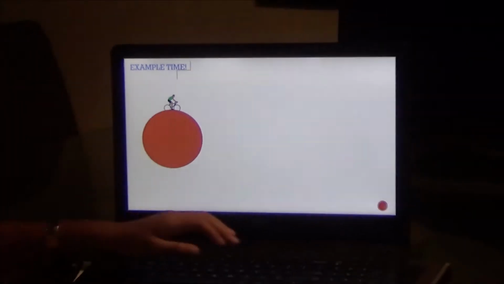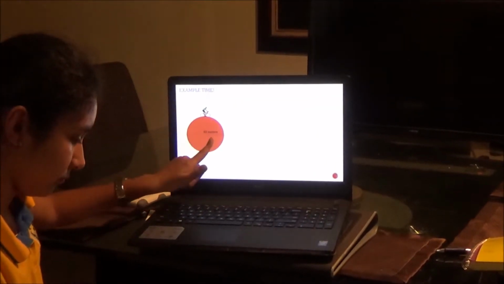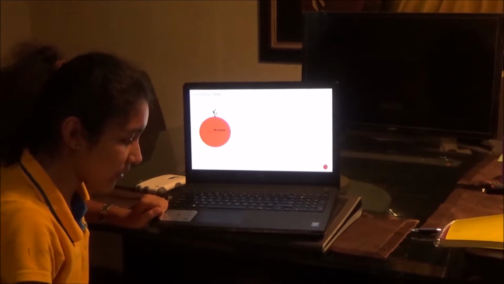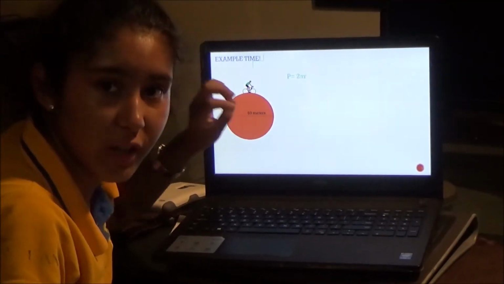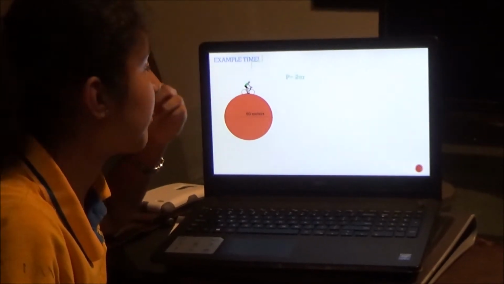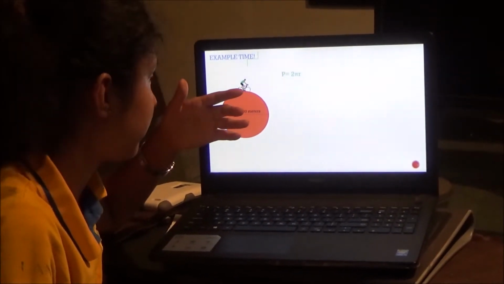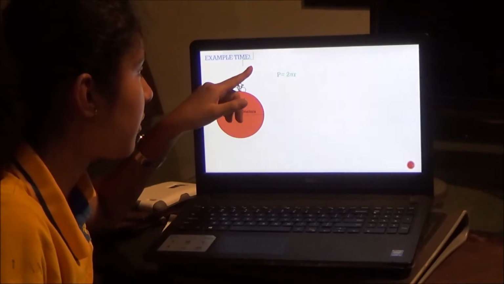It's example time. It says here, a cyclist travels around a circular track of 60 meters of diameter. Find distance and displacement if he travels one lap. We first have to know how to obtain the perimeter of a circle, and it's 2 times pi times the radius.